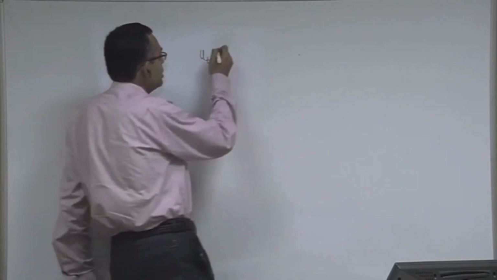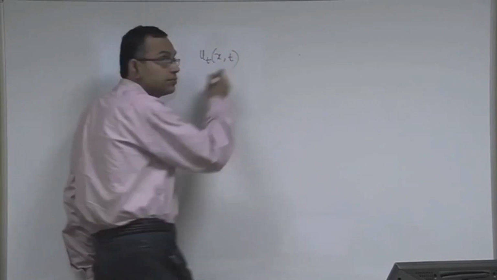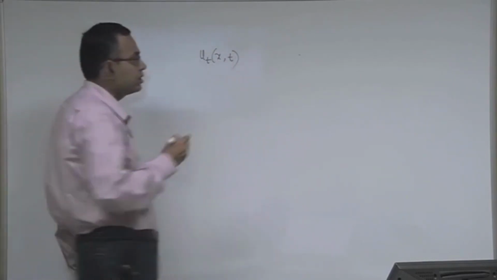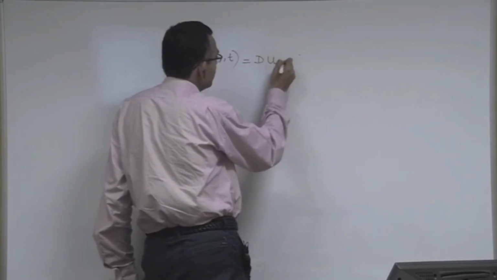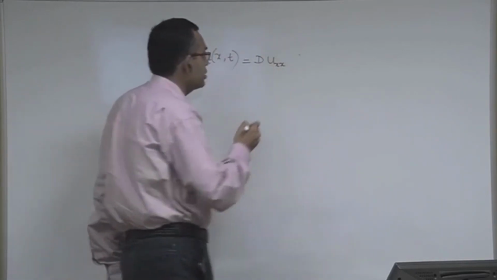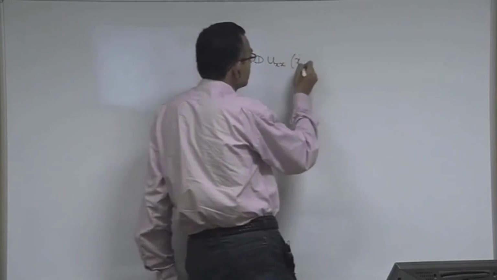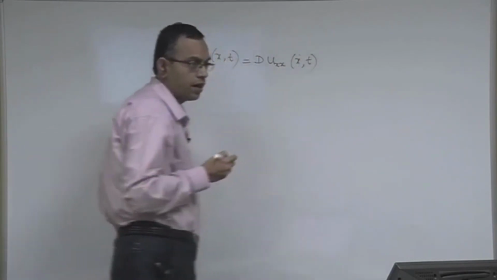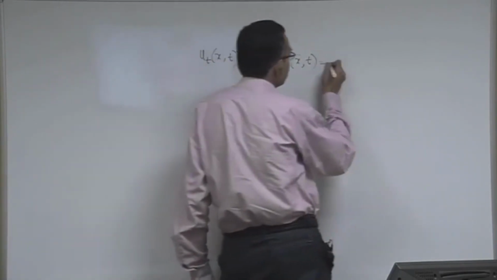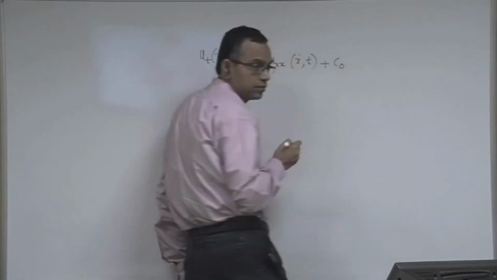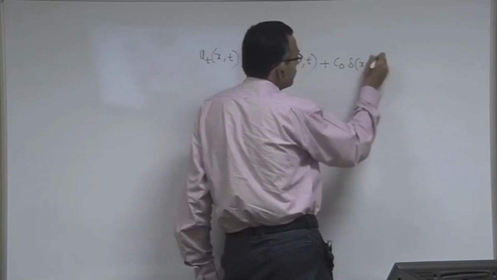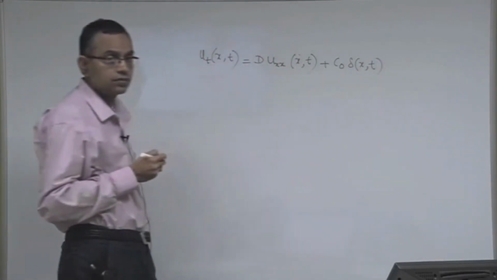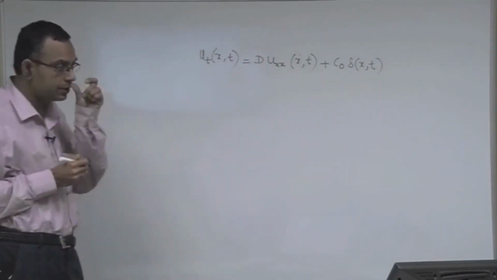Del u del t, which is a function of x and t, is equal to d del square u del x square, which is a function of x and t, and this is our differential equation.